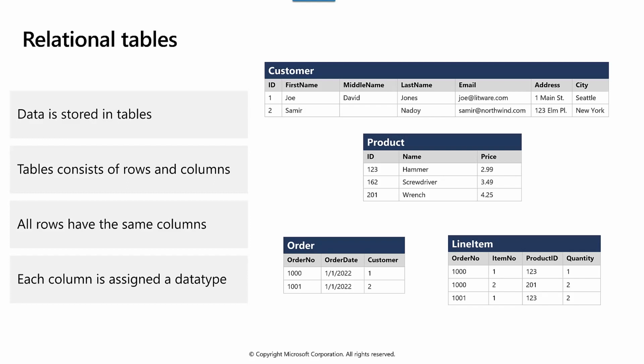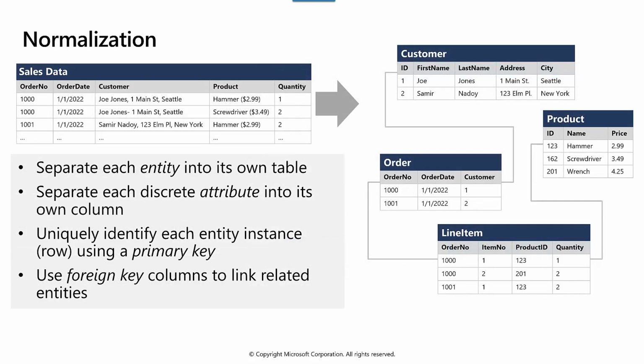I'm expecting you guys to know this stuff, okay? I'm going to go over this one. Pretty straightforward. This is all from your database course. So relational tables, you have tables, rows and columns, same columns for all rows, and each column has a data type.